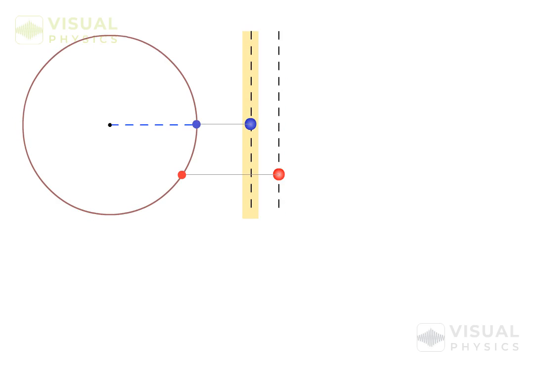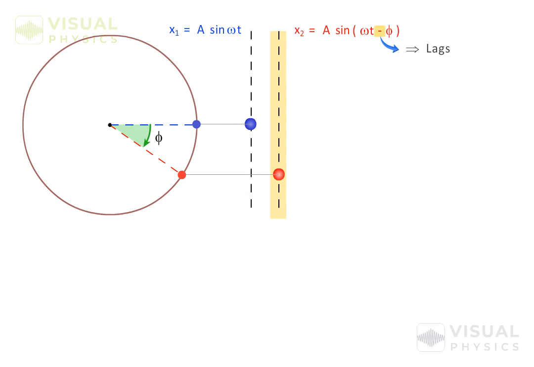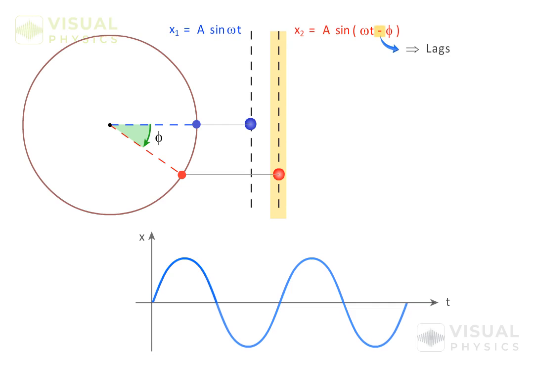If we represent this SHM by such an equation, then this SHM, which is behind the first one by a phase of phi, will be represented by this equation. If we plot these equations, then this SHM will be shifted towards the right by an equivalent phase difference of phi.